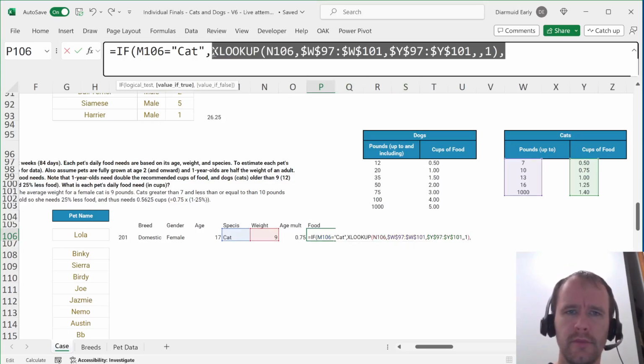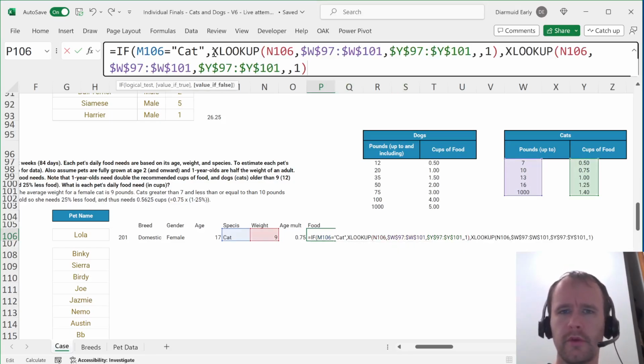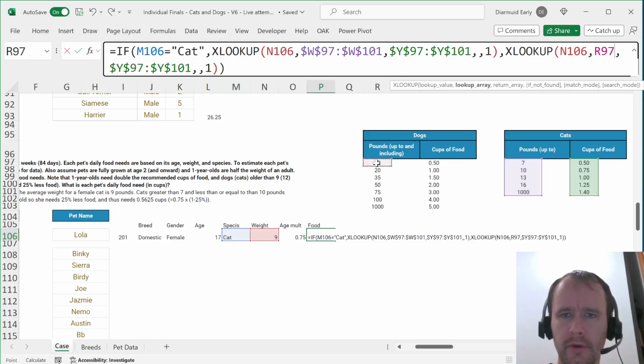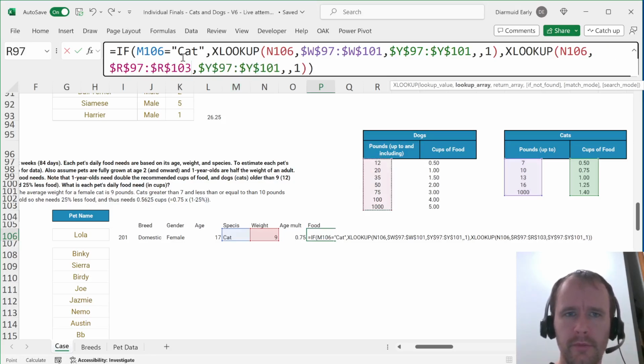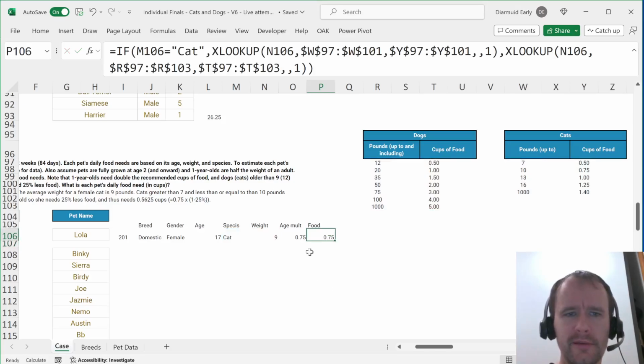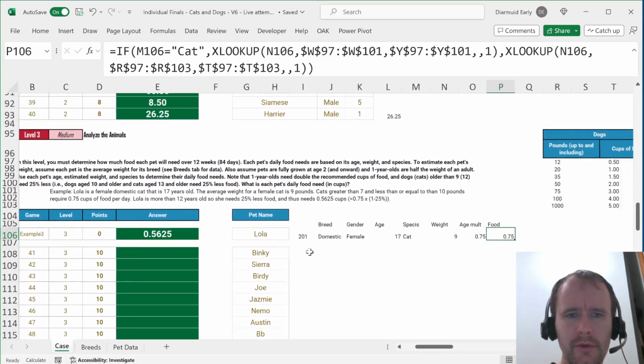Otherwise, the same thing, but with different lookup ranges. We're still looking up the same quantity, but now we're looking it up here, returning from here. Okay, so that is the food per thing.